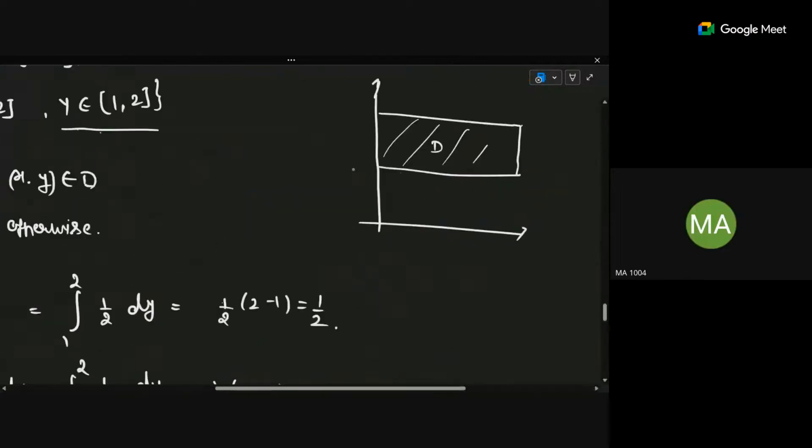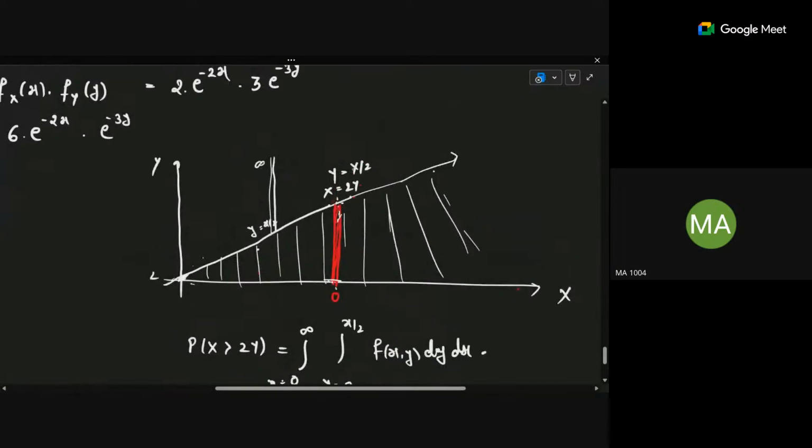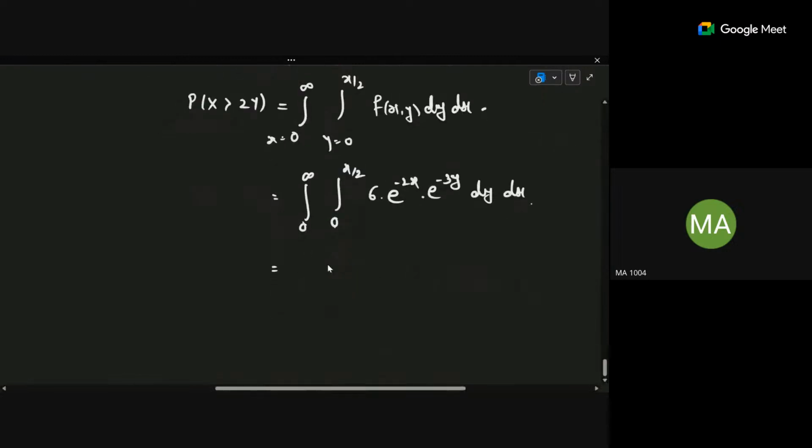The same thing we are doing here. Because we know that when it's an exponential distribution, the required region is the whole first quadrant. Okay. So we are now interested in finding out about this region only.